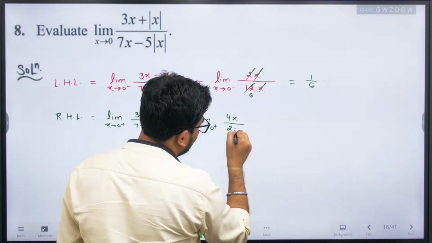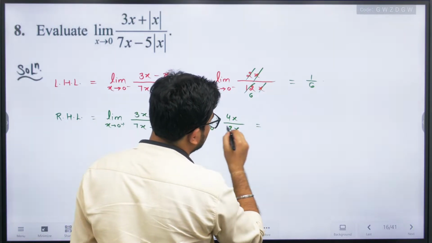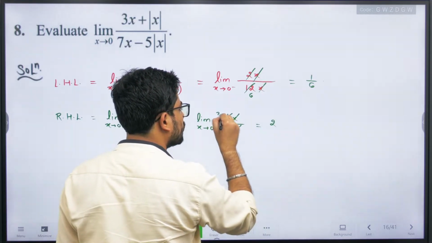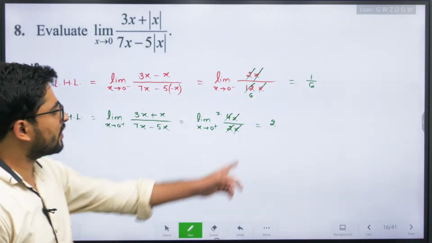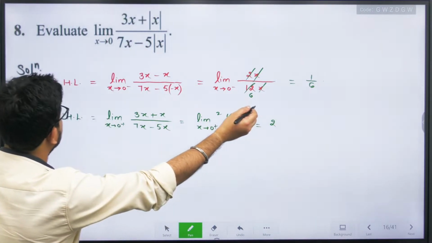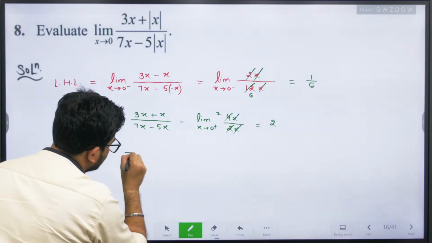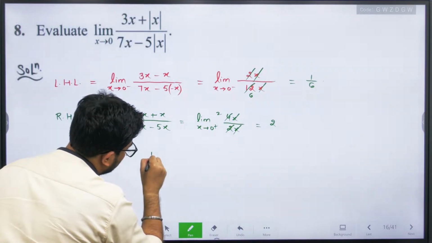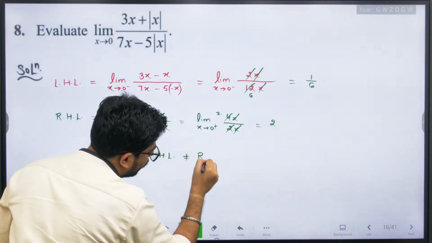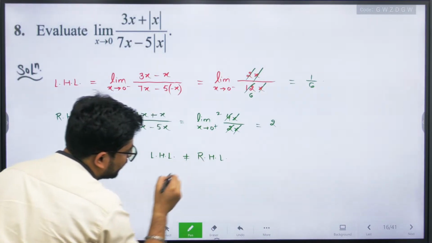You can cancel x by x, 4 by 2 you will get 2. So the final limit is 2. So here you can say LHL is 1 by 6, RHL is 2. So we can conclude the left hand limit is not equal to the right hand limit.